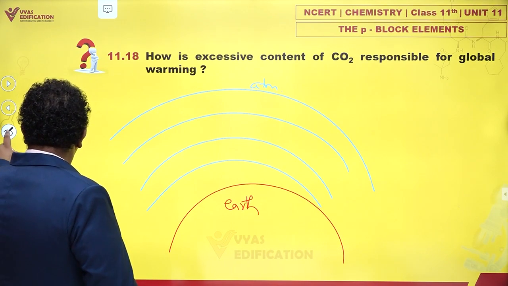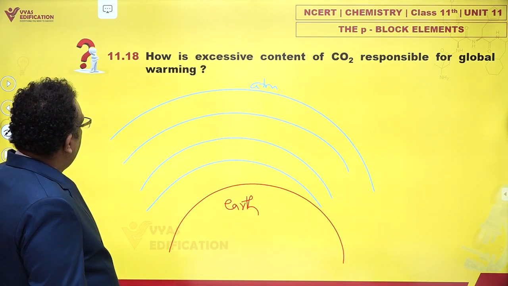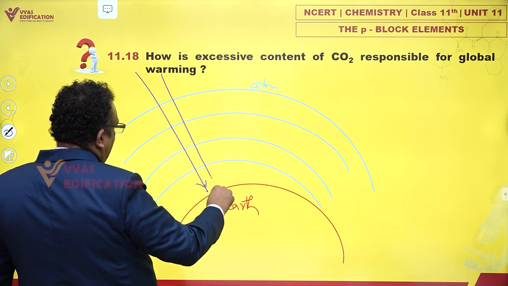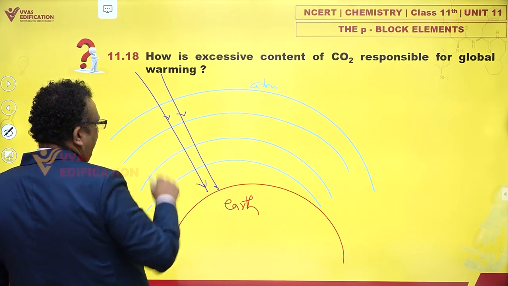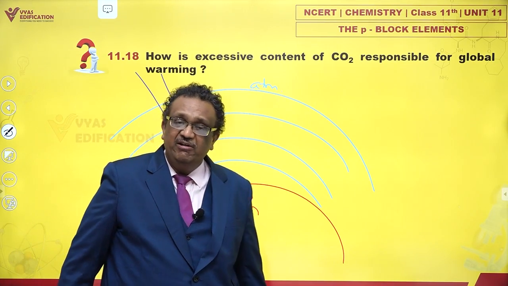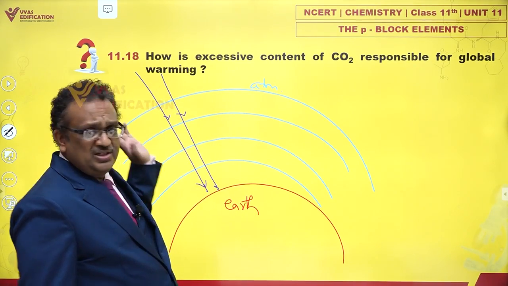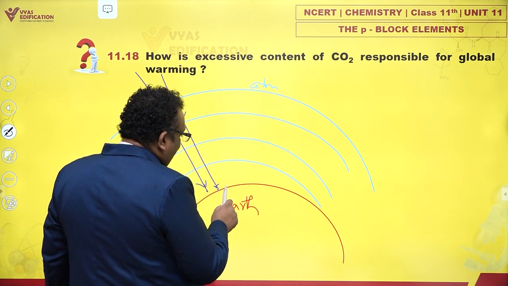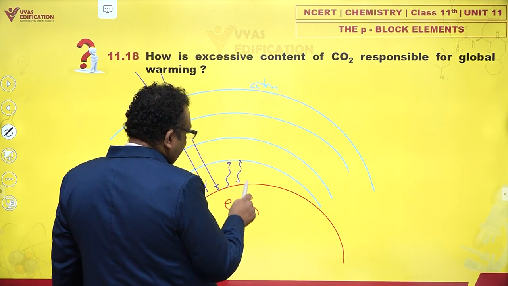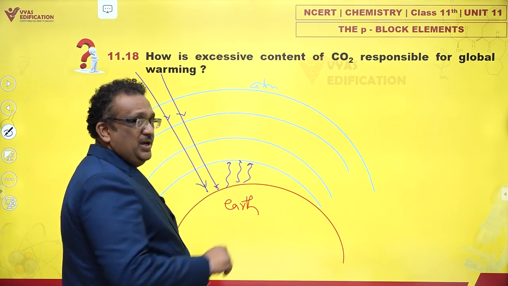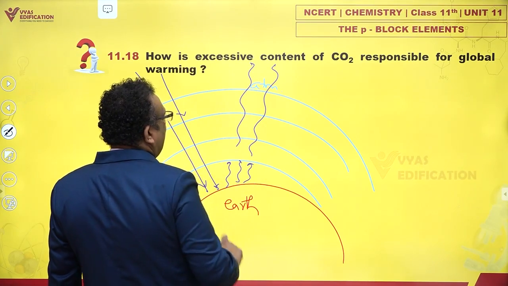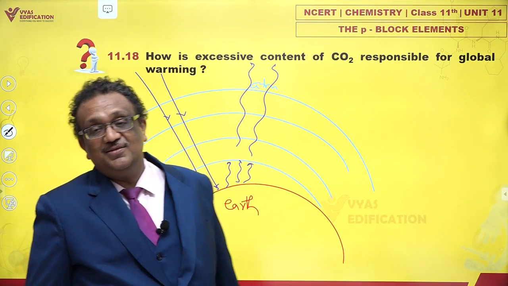Fine, good enough. Now, as sunlight comes in and penetrates this atmosphere and reaches Earth, some of it is reflected. The one which is reflected from Earth again has to pass through the atmosphere, and as it passes through, some of it goes back into the atmosphere.